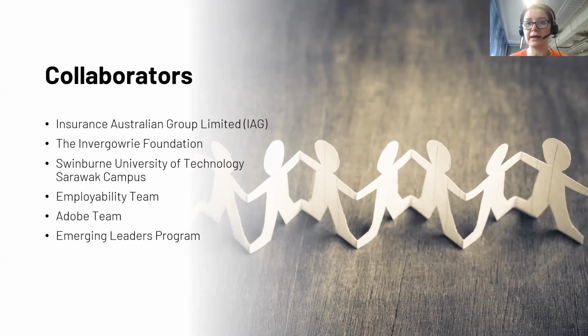And we have our fantastic Adobe team, the Adobe coaches, and the Emerging Leaders program. If you haven't heard about the Emerging Leaders program, this competition will provide you a campus participation certificate, which is one of the certificates that the program provides. If you achieve 4 of those, you will receive the leadership certificate. That's another topic. If you need to know more, please contact me and I can connect you with the right people.